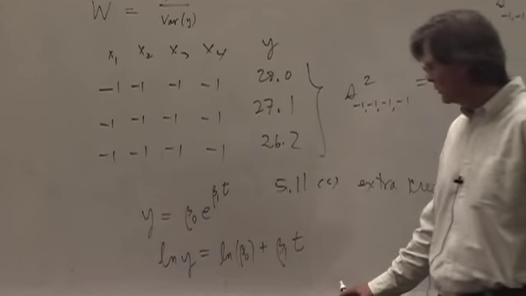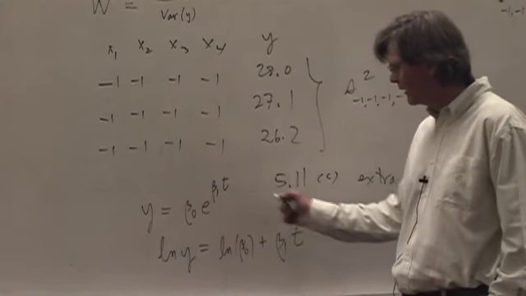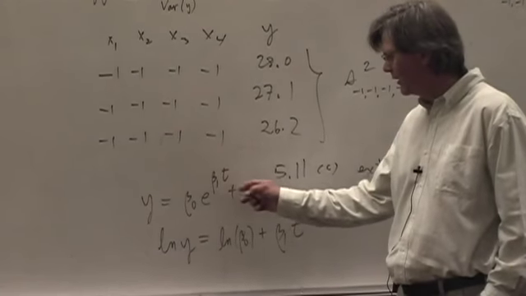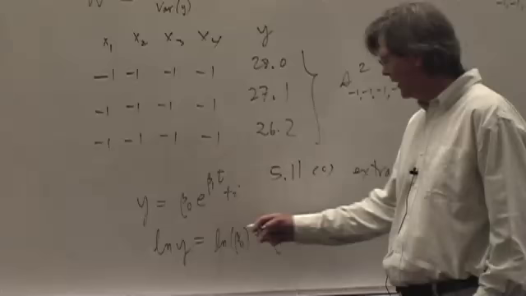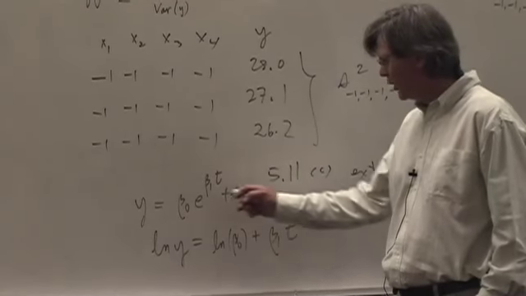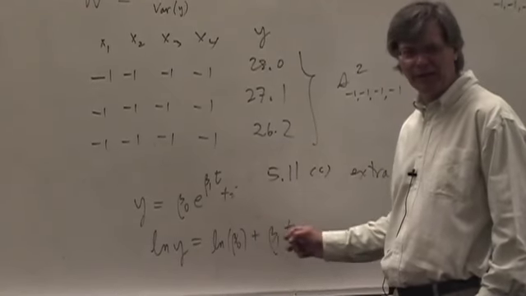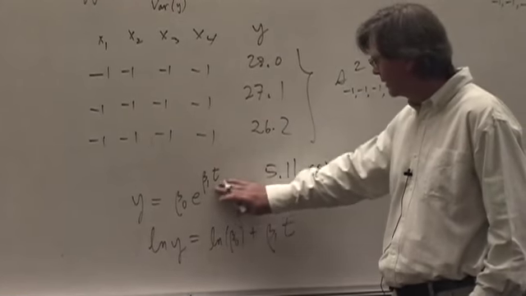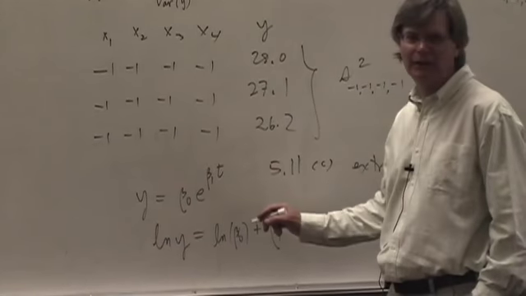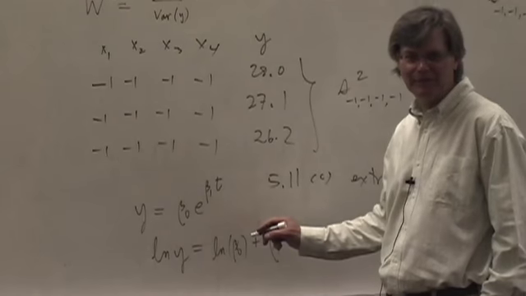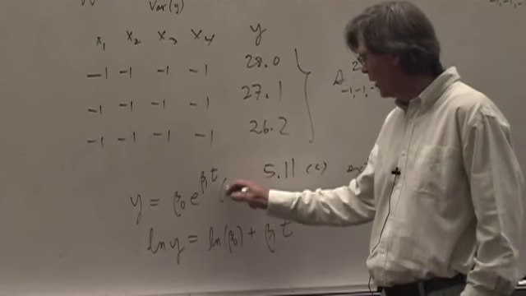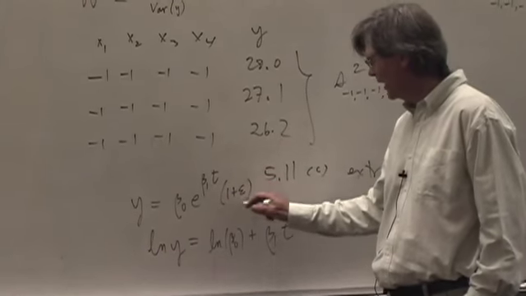Here, of course, would you have additive errors? If I had additive errors here, then the log of a sum is not the sum of logs, so I don't get additive errors over here. So it's kind of natural here to have the multiplicative error, times 1 plus epsilon or something like that.